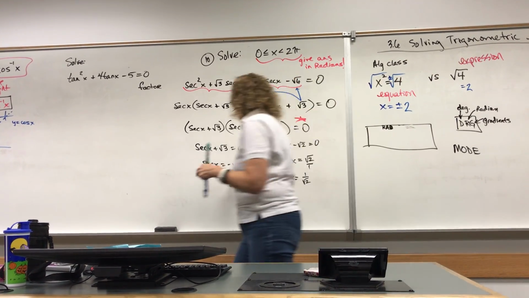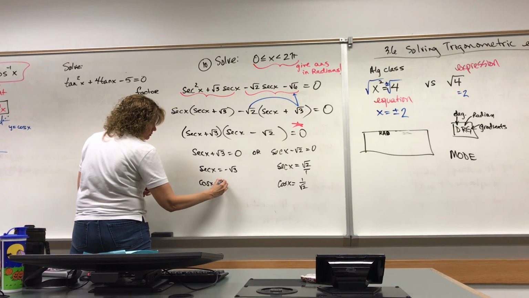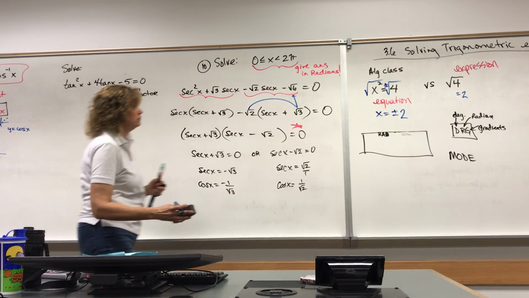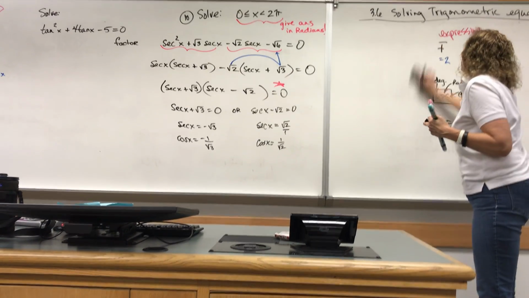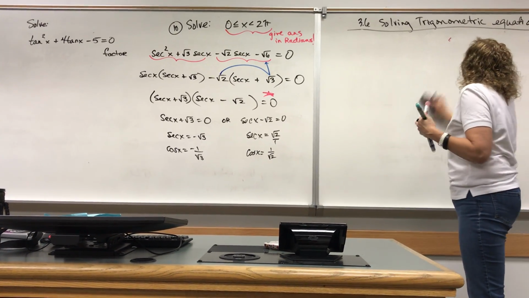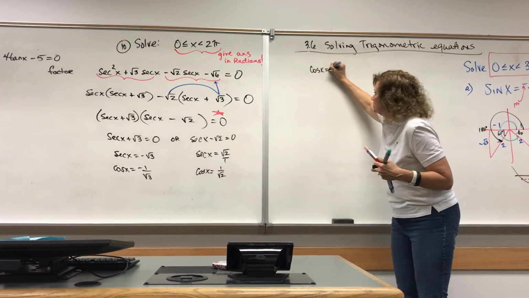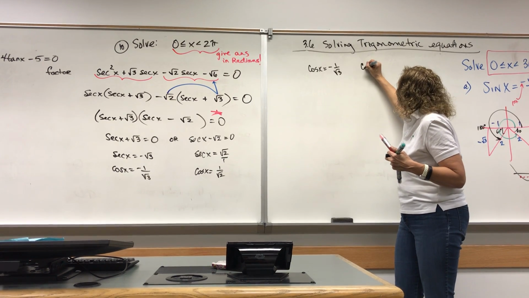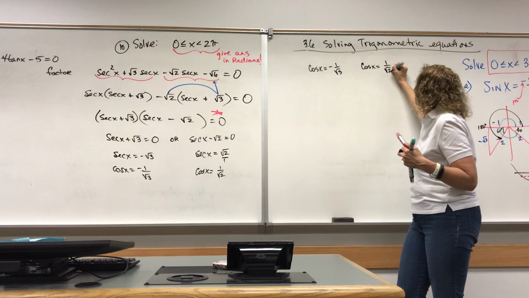The same thing over here: cosine x is equal to negative 1 over root 3. So we've got cosine x is equal to negative 1 over root 3, and we're also solving cosine x is equal to positive 1 over root 2.